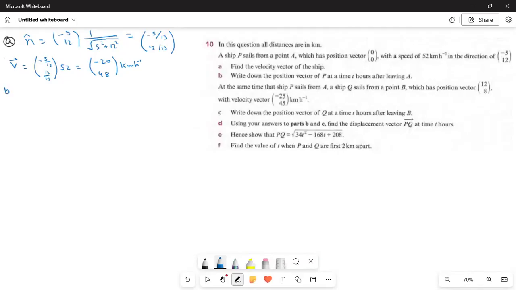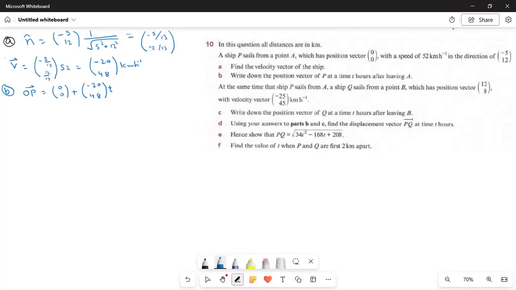Let's go to part B. It says write down the position vector of P at a time t hours after leaving A. The position vector with respect to the origin, OP, is going to be the initial position, which is (0, 0), plus this velocity times t.